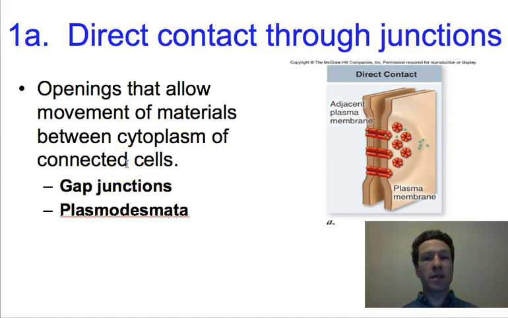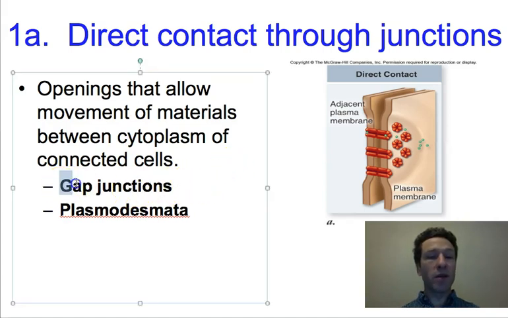Related to this is that some cells are actually connected to one another through openings. And we talked about these openings already. Specifically, we've talked about 2 kinds of openings, gap junctions. Remember, these occur in animal cells, and they connect the cytoplasm only.